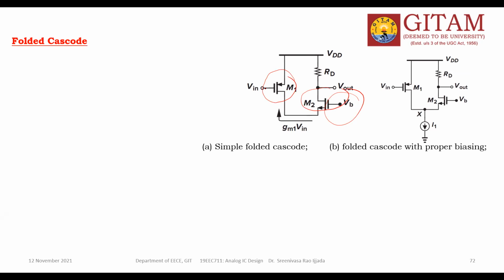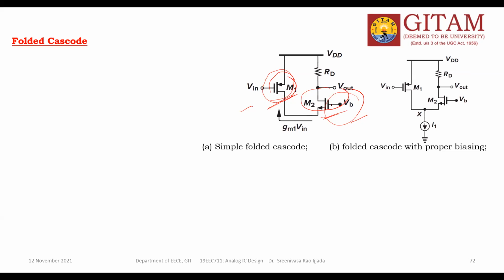I replaced M1, the NMOS, with a PMOS. This is PMOS, this is NMOS. If you connect like this, it is called the folded cascode. Cascode, no doubt at all. Folding: you are keeping the connection like this. If you connect the PMOS and NMOS here, you cannot connect like the earlier one, because you are considering the PMOS in place of M1, and CZ is again NMOS only.